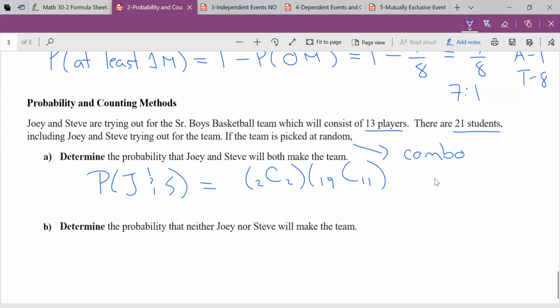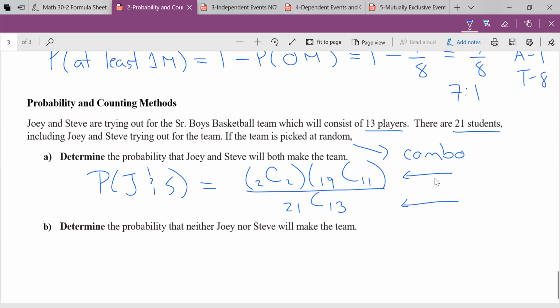So that's the number of ways that Joey and Steve can both make the team. But it's a probability. So how many ways could I just make the team? 21C13. So when you're doing these questions, I like to break it up into two parts: what the question's asking for and the total amount, just like that. So I kind of just like to make it into almost an A and a B in my head.